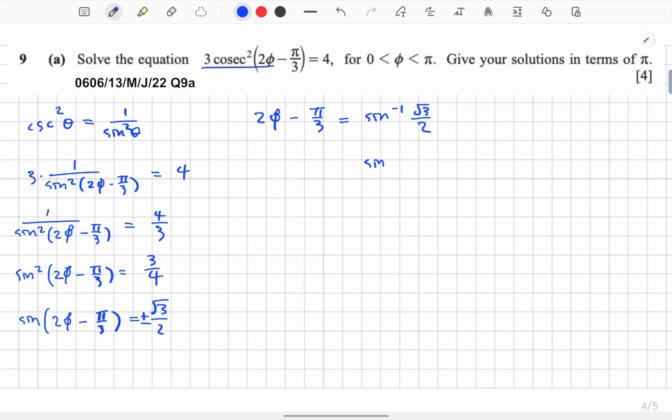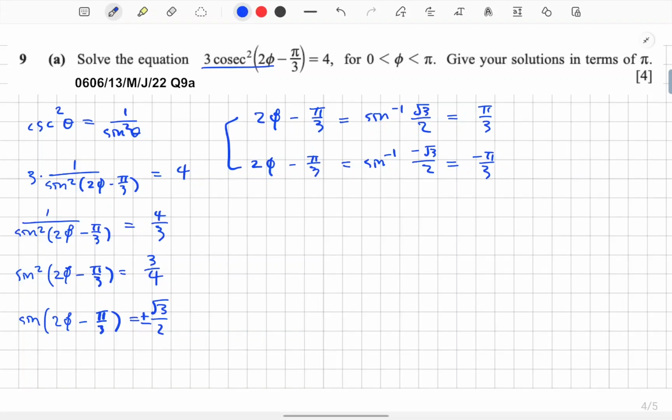The other one is negative square root of 3 over 2. We'll go ahead and solve this. And using our calculator, we can get that it is pi over 3. And this is negative pi over 3.